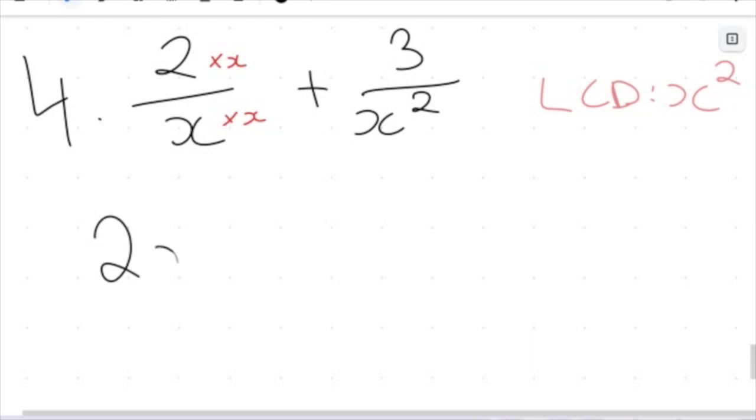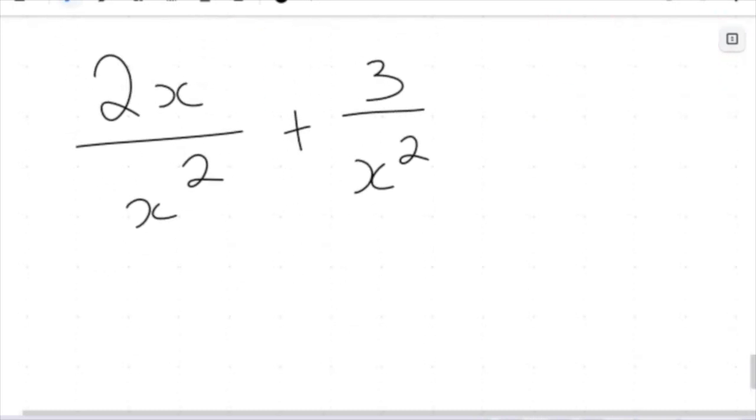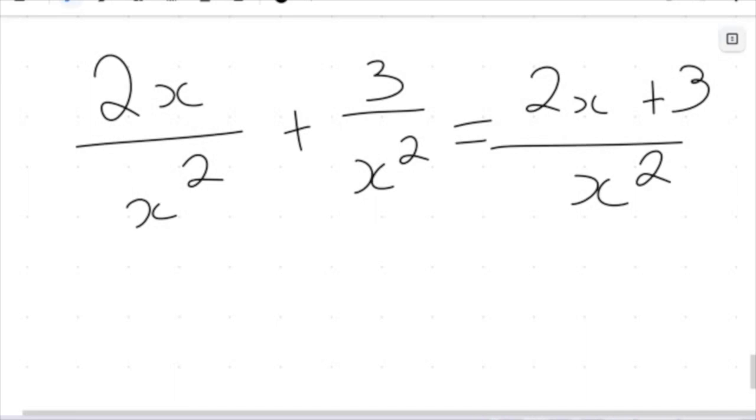What I get left with is 2x over x squared plus 3 over x squared. And all there is left to do now is just add these over the same denominator. So I get 2x plus 3 over x squared.